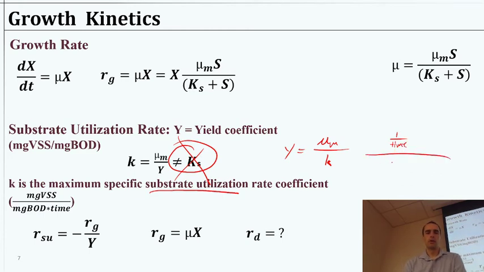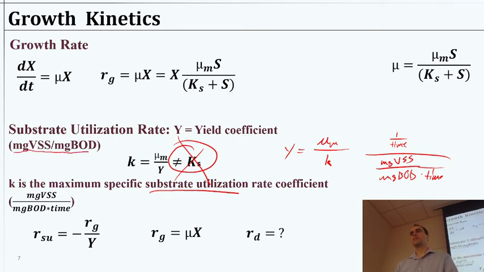And down here we have milligrams VSS per milligrams BOD per time. So when we simplify that and solve it, Y comes back to that milligrams VSS per milligram BOD. Okay.